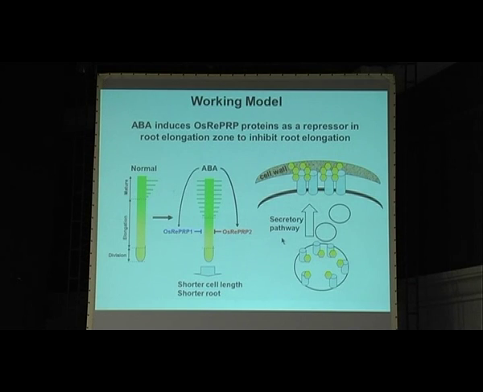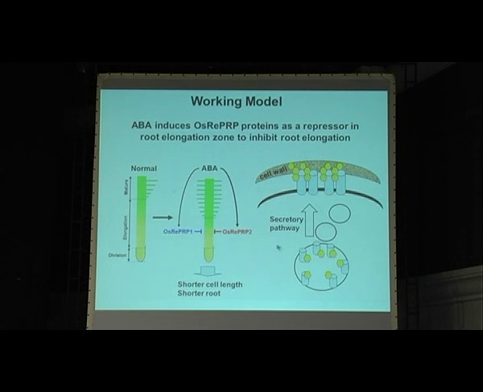So here's the working model. Let me summarize it. We have discovered a monocot-unique, root-specific, proline-rich glycoprotein, and this is stress and ABA-induced. This protein is heavily glycosylated and also has lectin activity. That is, it binds to a particular cell wall hemicellulose, arabinogalactan, and we know some of the hemicelluloses are important for cell expansion.